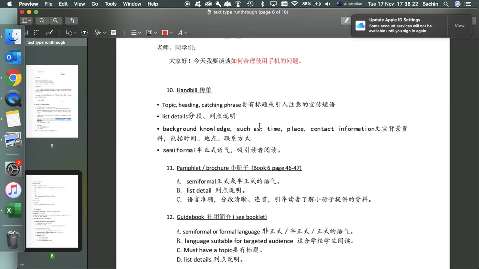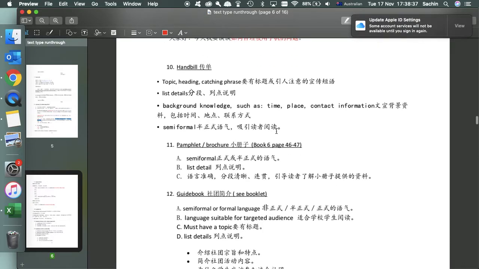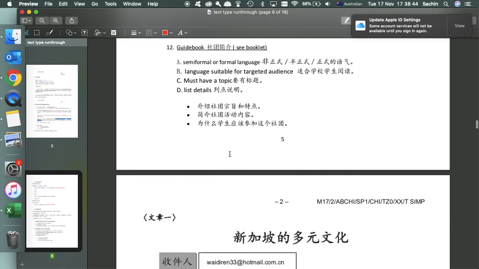And then your background knowledge would be like, so when is it? How can I contact to arrange all the stuff for travel? And then where are we gonna be when we depart and stuff? Yeah, and then a 小册子, it's basically identical to this, just listing your details and all that stuff.